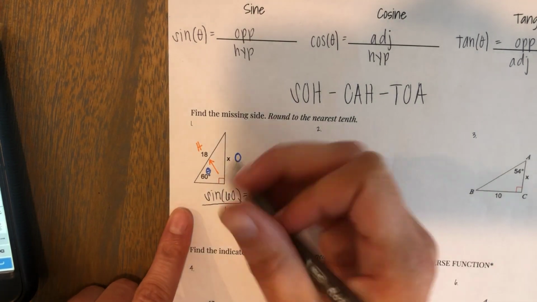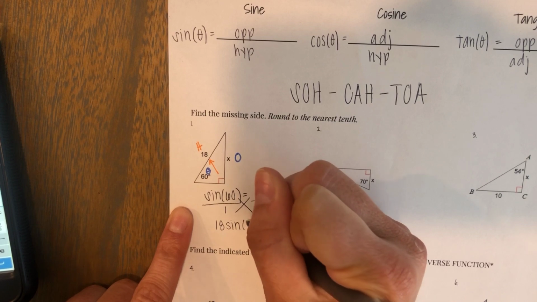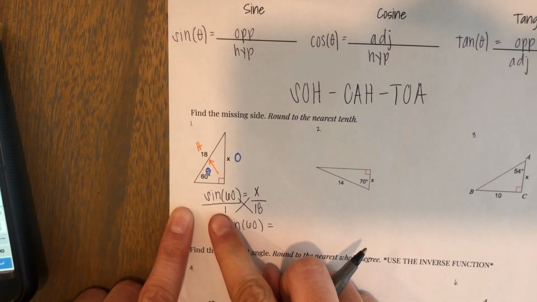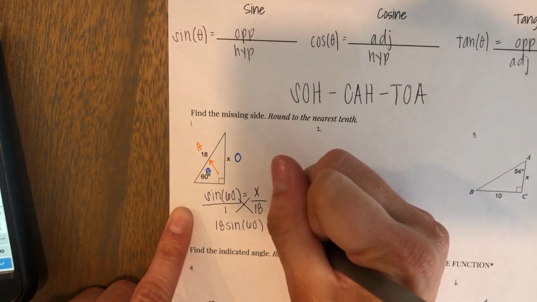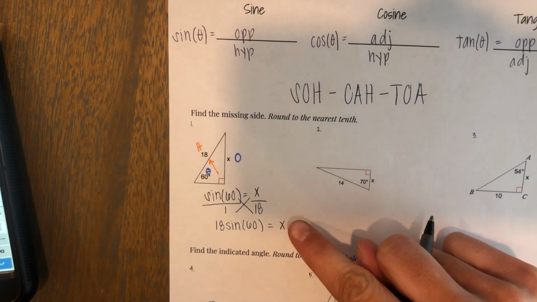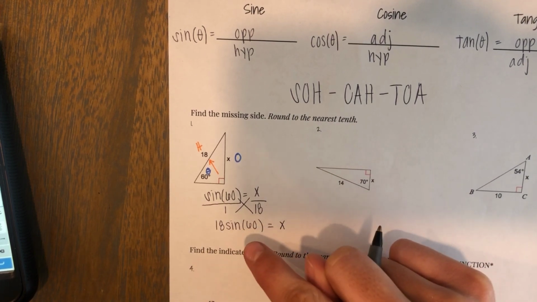So now I would have 18 times sine of 60. So this is all being multiplied. And then 1 times x is just x. So now, since x is by itself, that means you just can type this in your calculator.